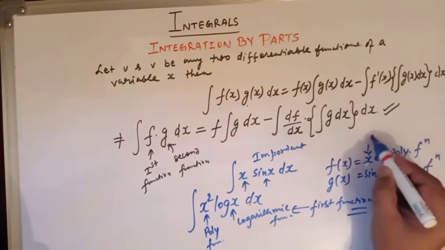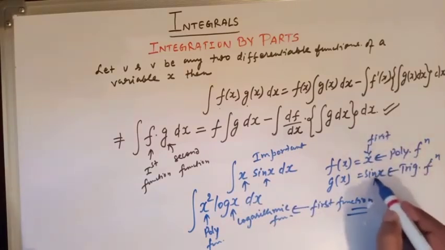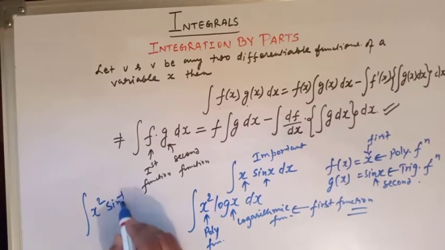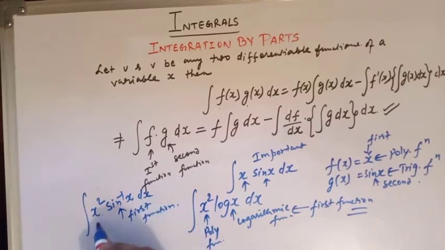But when we have a polynomial function with a logarithmic function, or if we have x square with an inverse trigonometrical function, then in these two cases we must consider the log or inverse trigonometrical function as the first function, and the polynomial is to be treated as the second function.